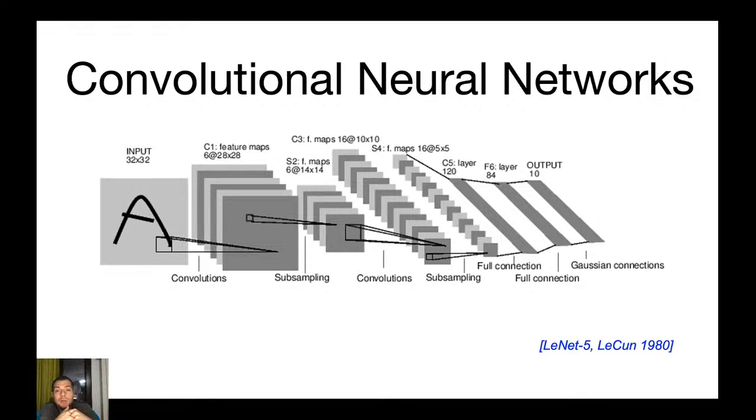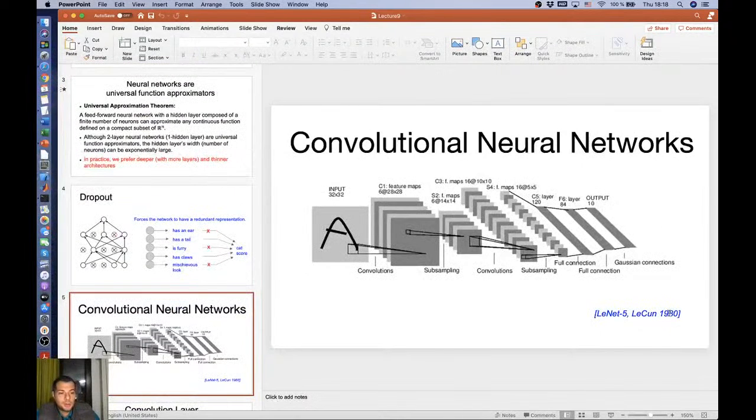Okay, so now about convolutional neural networks. This type of architecture was introduced in 1998 by Yann LeCun. So this was the LeNet architecture. Actually, sorry, here the time is wrong, so it should be 1998.